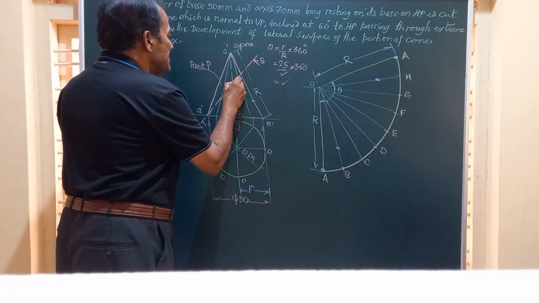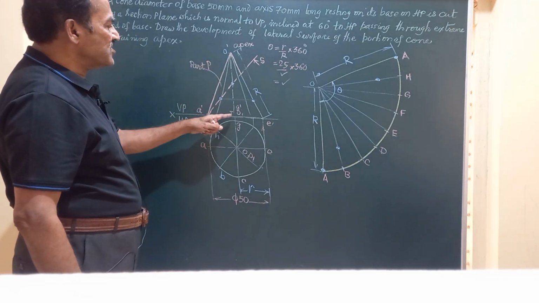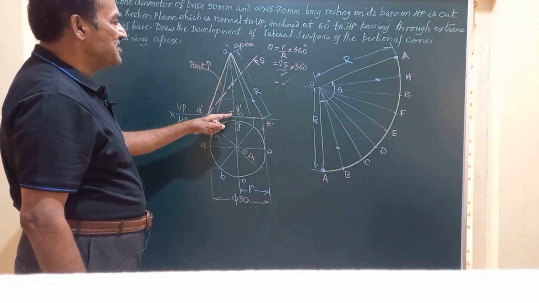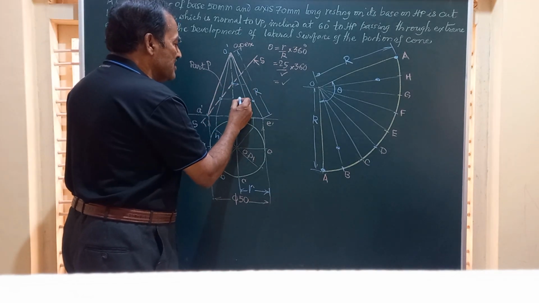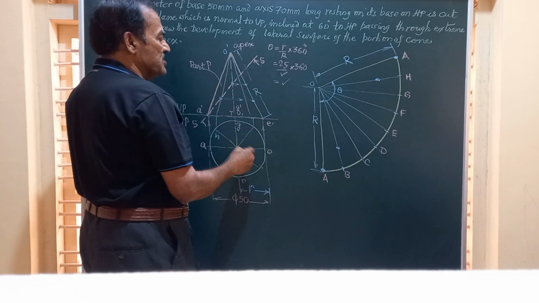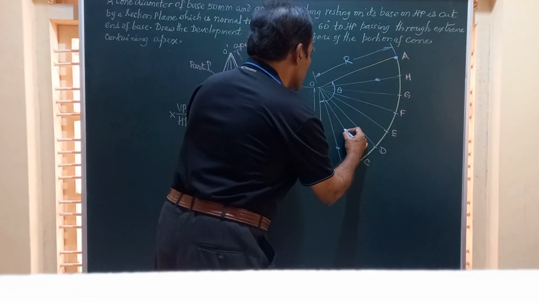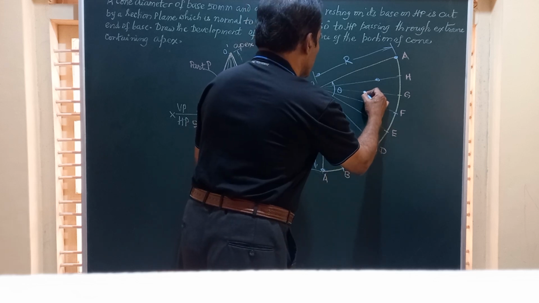Then friends, this is the point where the section plane is cutting the generators OC and OG. So these are also not true length. Shift that to the last line and obtain that distance on OC and OG. So this is OC and this is the point OG.